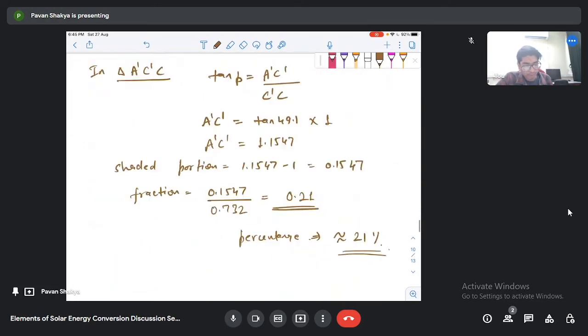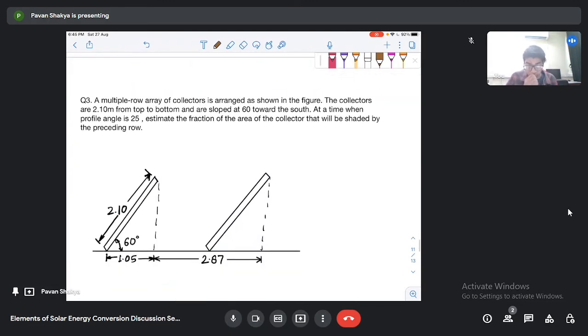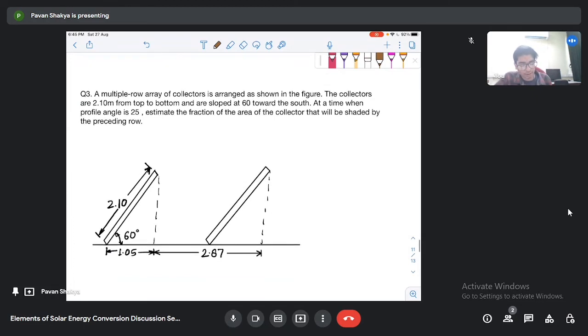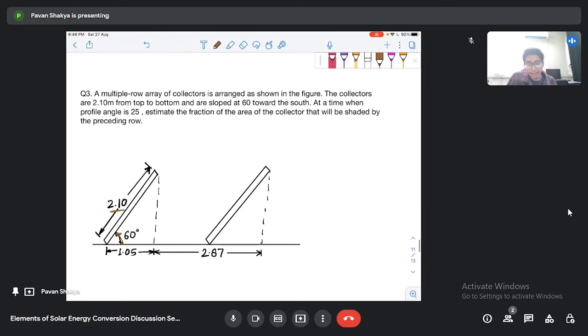Okay, so now coming to the next problem, that is based on multiple row arrays of collectors. In the problem it is given that a multiple row array of collectors is arranged as shown in the figure, the collectors are 2.10 meters from top to bottom, and are sloped at 60 degrees toward the south, at a time when the profile angle is 25 degrees.